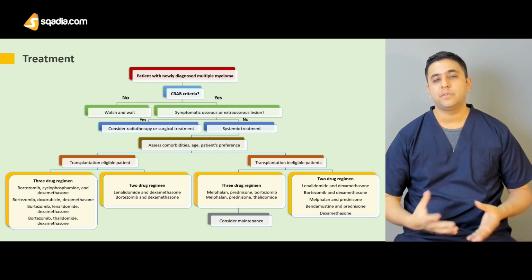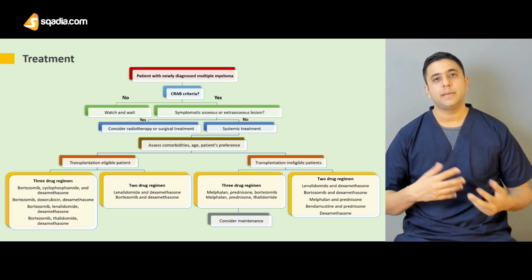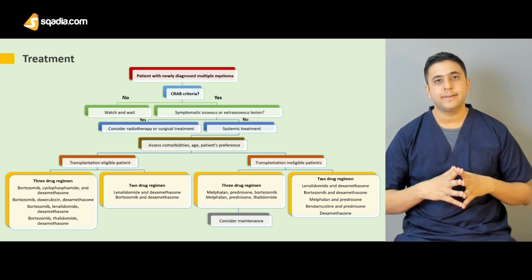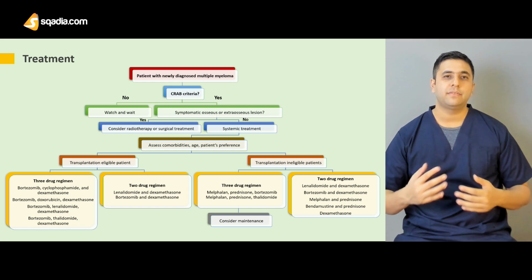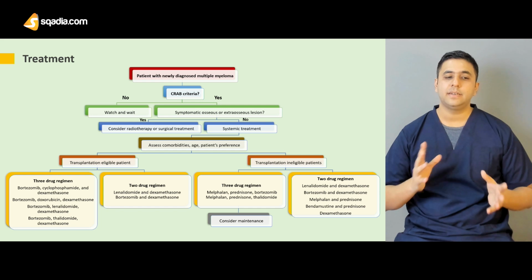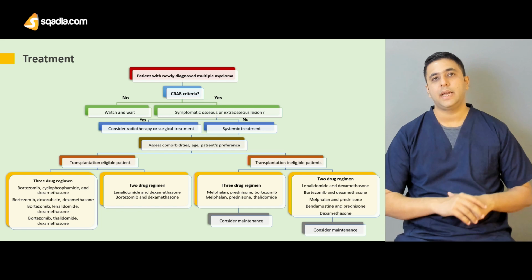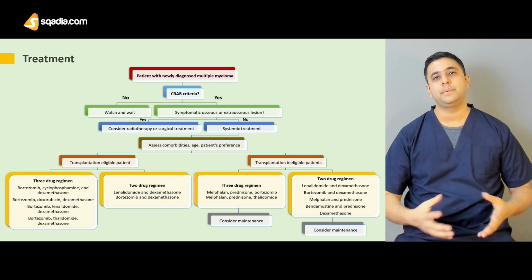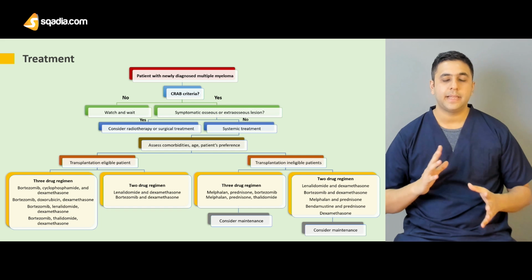So basically we use a steroid with a chemotherapeutic agent. The chemotherapeutic agent can be an immunomodulator or a cytotoxic drug, and then we have to manage the side effects of the drugs, assess the risk-benefit ratio, and whichever combination suits the patient, we maintain the patient on that combination as maintenance therapy to make the patient symptom free.